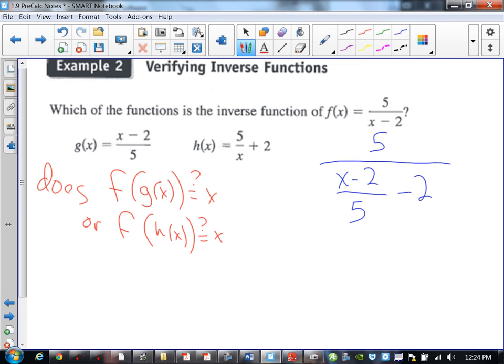Which means you have some simplifying to work on. What's the first thing you have to worry about? If you look at that bottom part, you have a fraction minus a whole number, so I have to do a common denominator there.